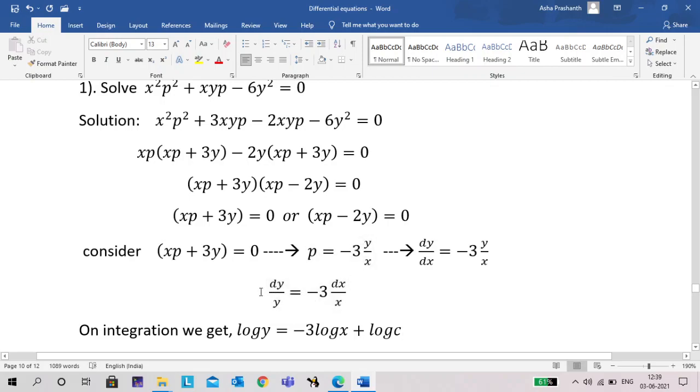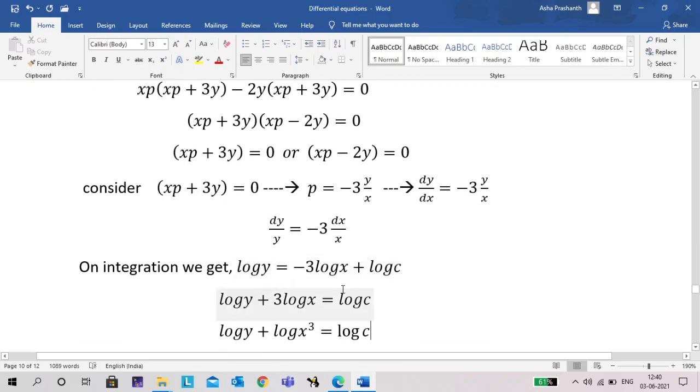Now it is in variable separable form. Now we have to integrate both sides, right? The integration of 1 over y is log y, minus 3 is a constant, and the integration of 1 over x is log x. These two terms are log terms, so I am adding the constant in terms of log c. Clear?